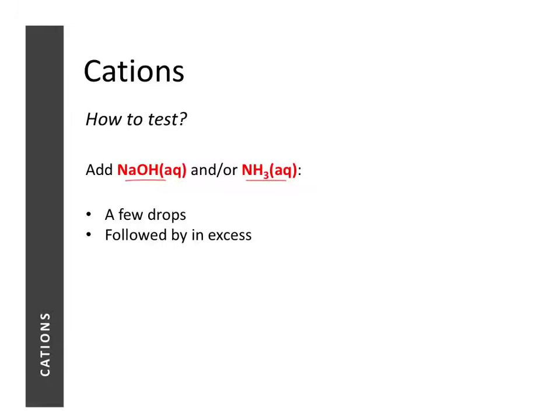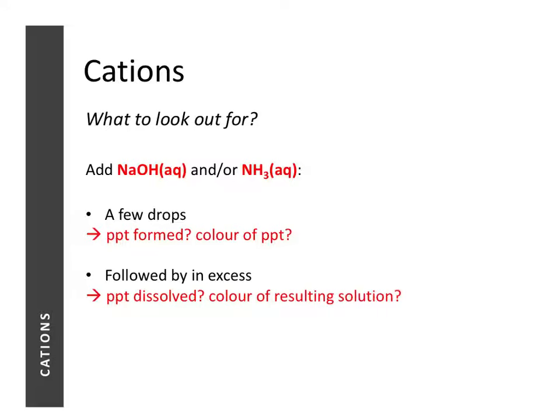Now what do we look out for when we add the reagents? When we are adding drop-wise, we are supposed to look out for whether any precipitate, or any solid, is formed in the solution. If a solid is formed, we need to take note of the color of the precipitate.